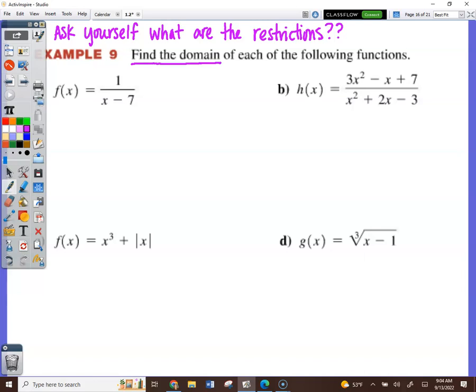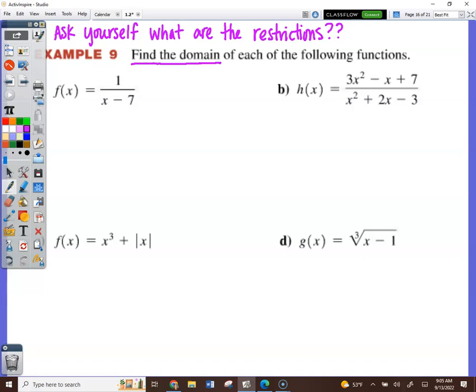Here are the only 2 types of restrictions that you're going to come up with. Can't have what in the bottom of a fraction? Can't have 0 in the bottom of a fraction. And square roots: you cannot have a negative under the square root. Those are your only 2 restrictions. All of the others should be all real numbers.